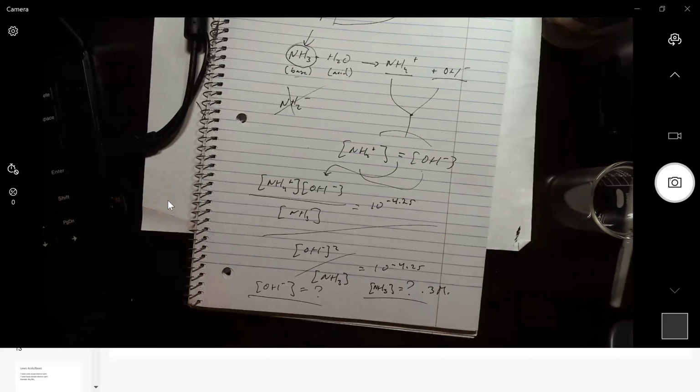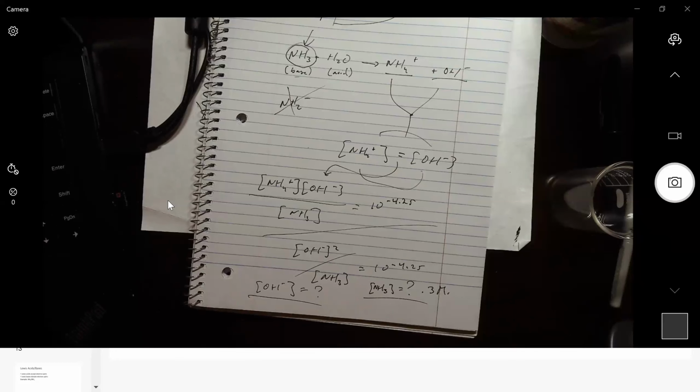Let me check that. I'm not sure where that number comes from. Oh, do you mean? Oh, so 1.687 to the minus 5 is the concentration of OH minus squared. So you need to take the square root of that, and then take the log.